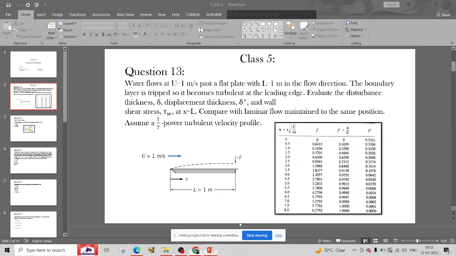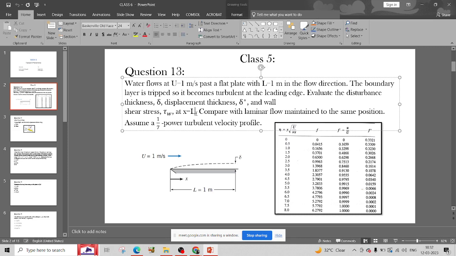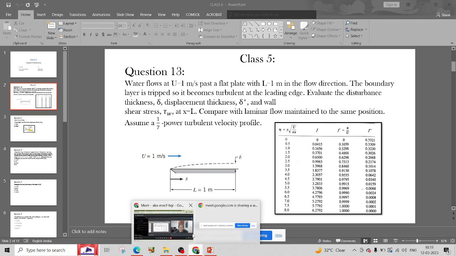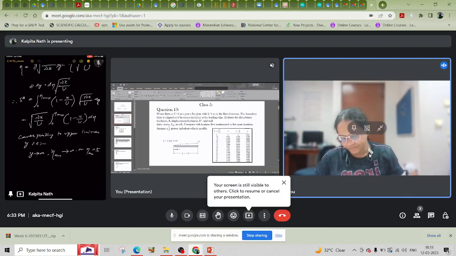We can see the graph first: eta is equal to 5, that is eta max is equal to 5.